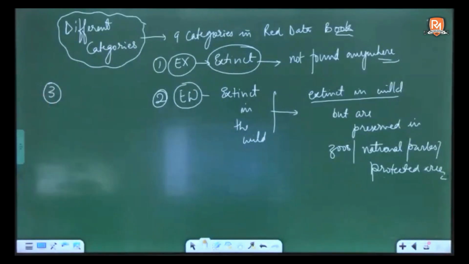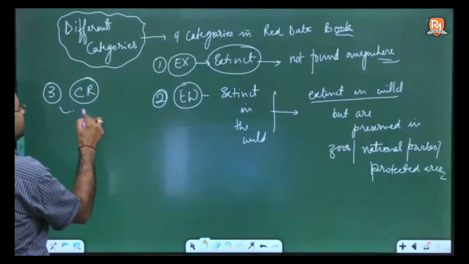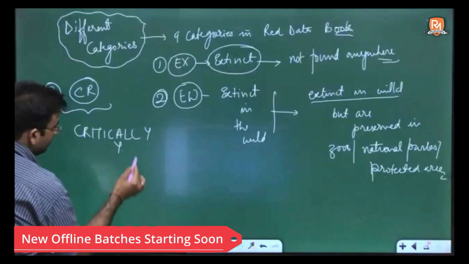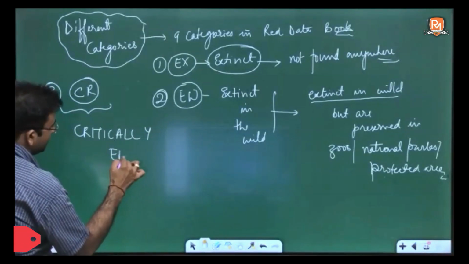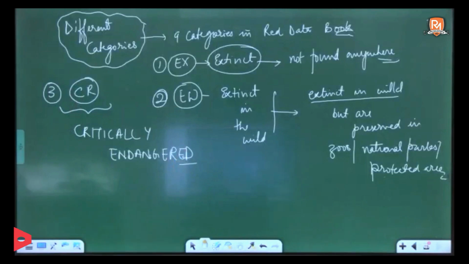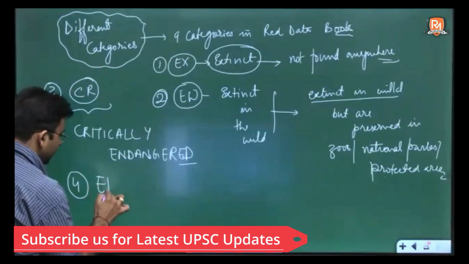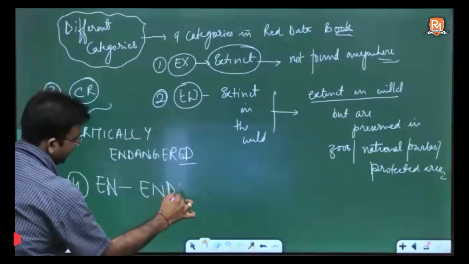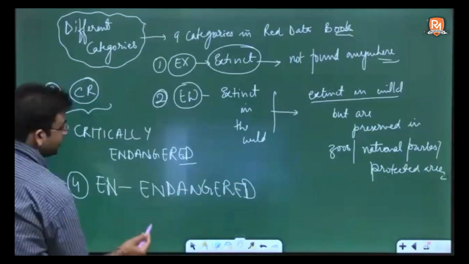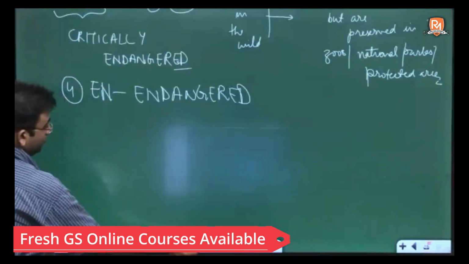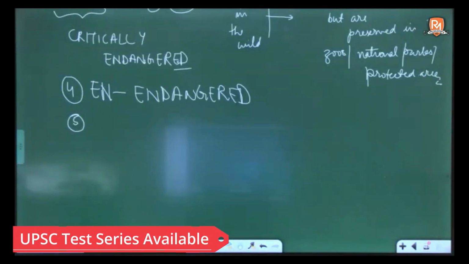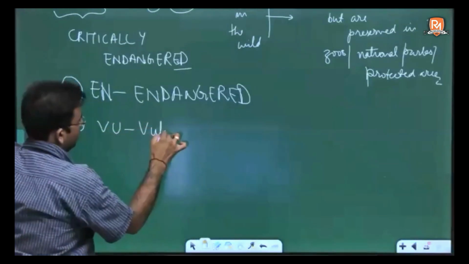Third is CR. CR stands for critically endangered. Fourth, EN, endangered. Fifth, VU, vulnerable.